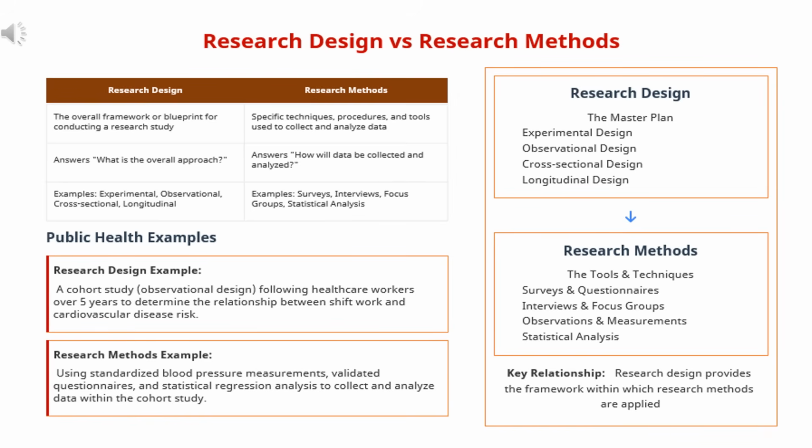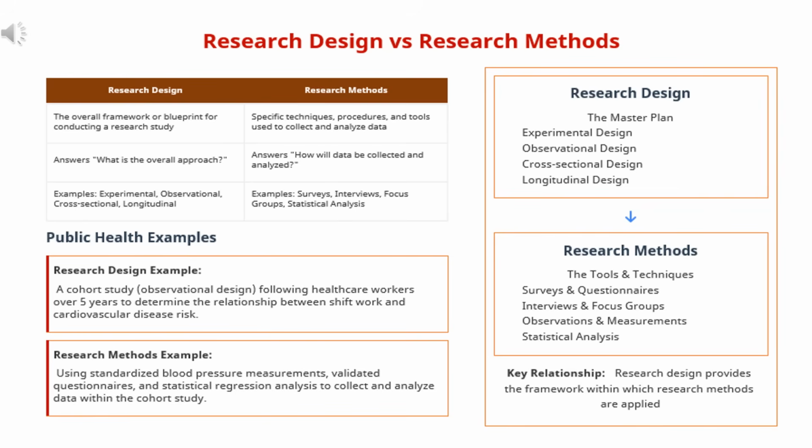Here we said the study design is the overall framework or the blueprint for conducting a research study. It answers the what. For instance, what is the overall approach? Example, we said experimental, observational, cross-sectional, or longitudinal study design.